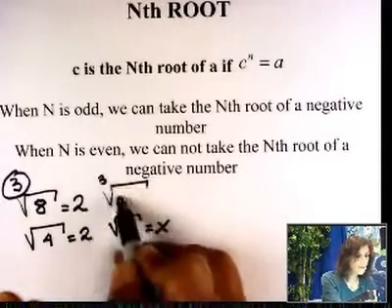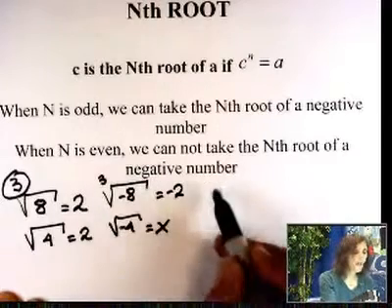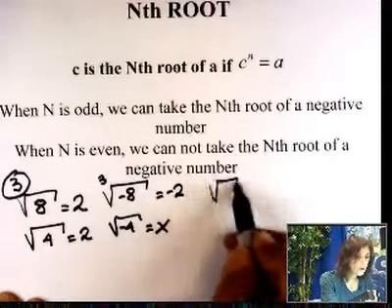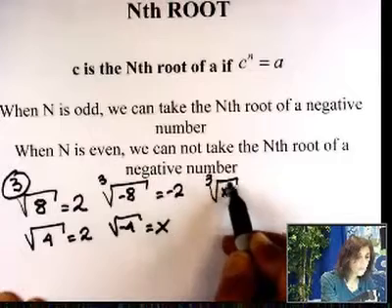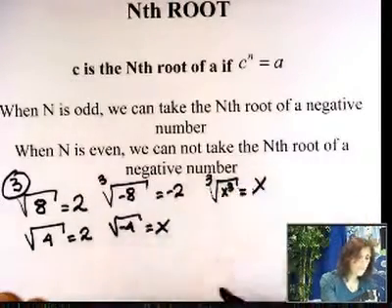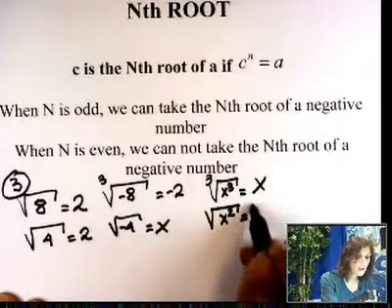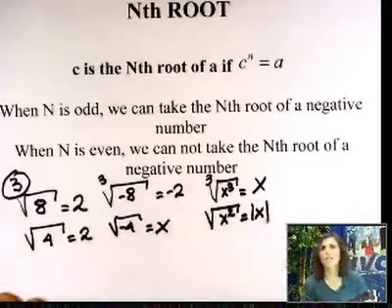Cube root of negative 8 is negative 2. How about the cube root of x cubed? I can have a negative answer, so I don't need an absolute value. But the square root of x squared, guess what? I do need an absolute value.